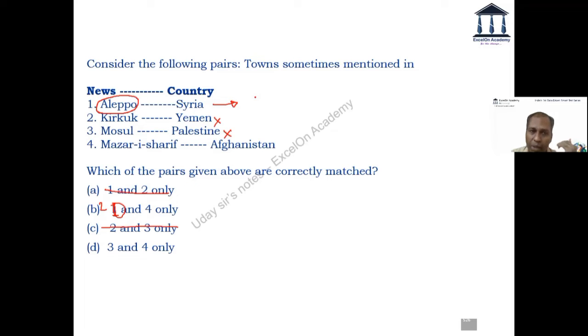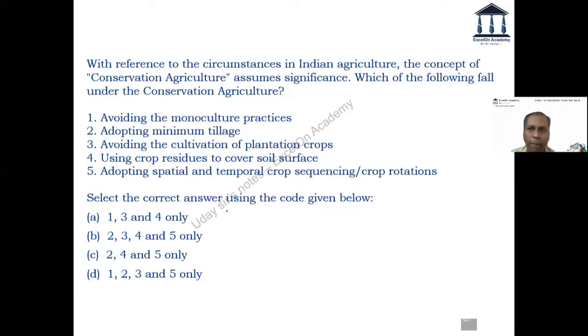So Aleppo, I could immediately find out that this is Syria, and 1 and 4. That is why I was a little troubled when I didn't find the 1 and 4 option at all. So I've changed B to 1 and 4. You also check what the actual question was. Yeah. Great. Let's move on to the next one.